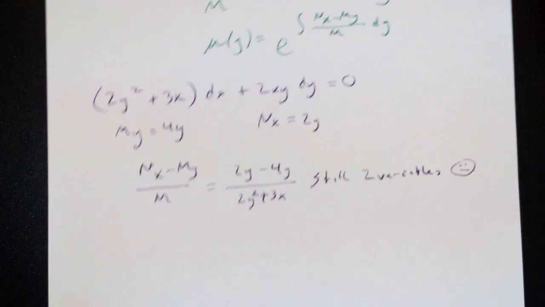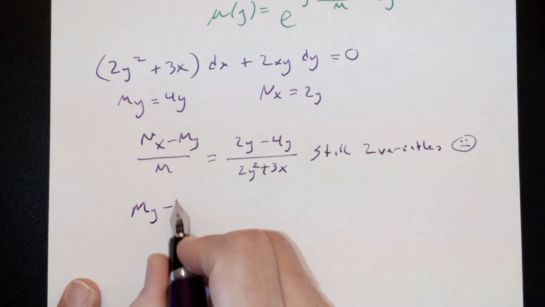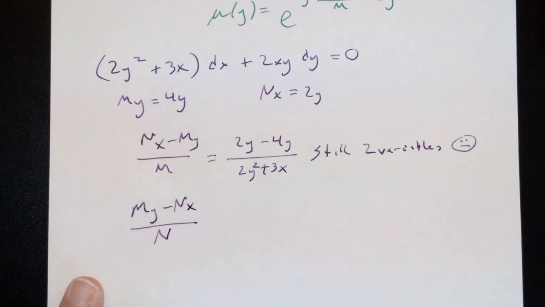So let's try the other one. Let's do my minus nx over n. What's that?